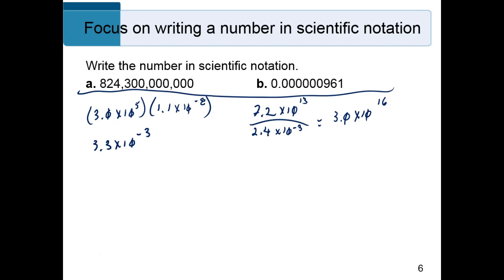And if this would have been, say, a 7.3 and a 2.4, what would that have given you? 7.3 divided by 2.4. Use a calculator. It stops there? 3.04166667.